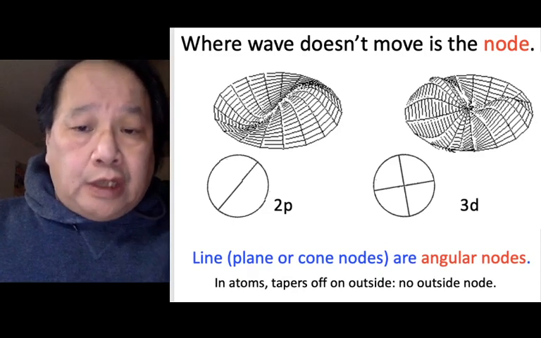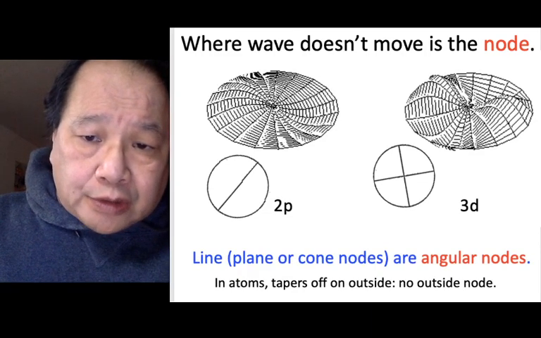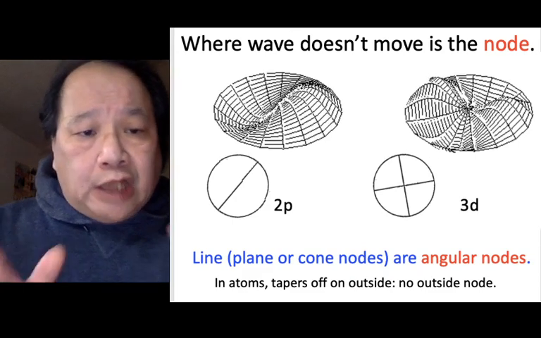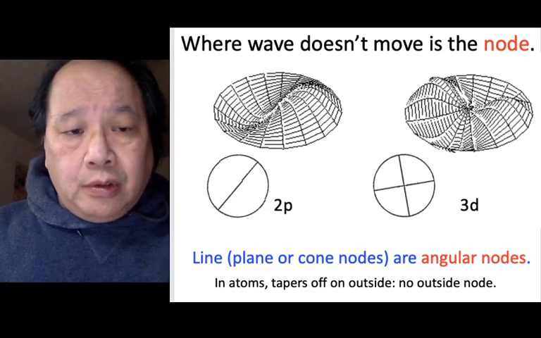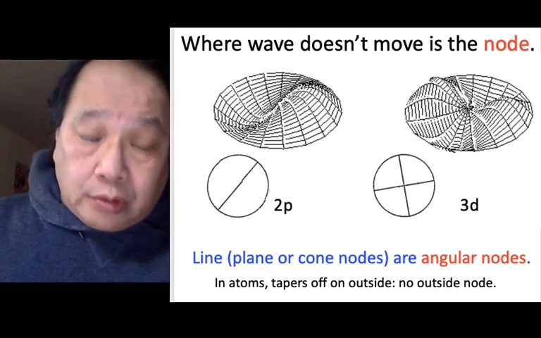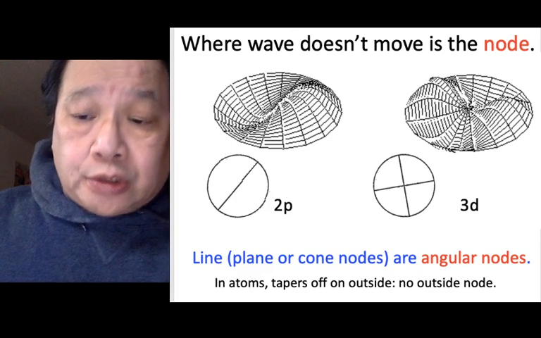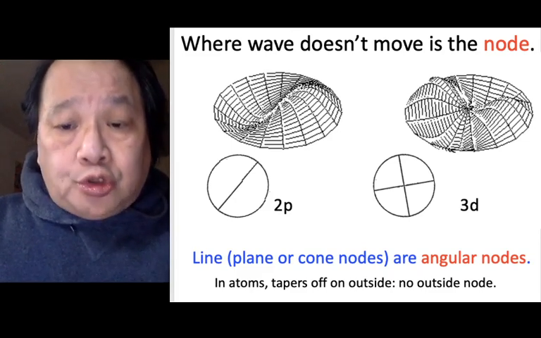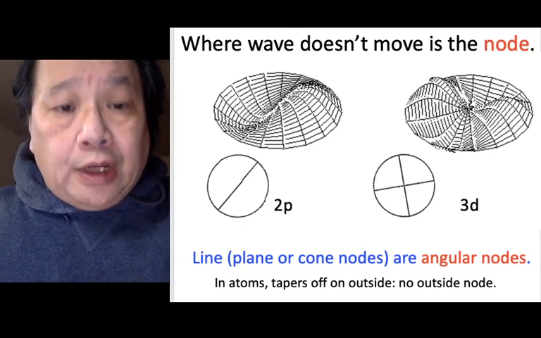It's not moving in a line. See that line where it's not moving? It's indicated underneath. And it turns out if it's a line where it's not moving, or a plane where it's not moving, or even a cone, it all happens in 3D, a cone where it's not moving, these are called angular nodes. And 2p has one angular node.